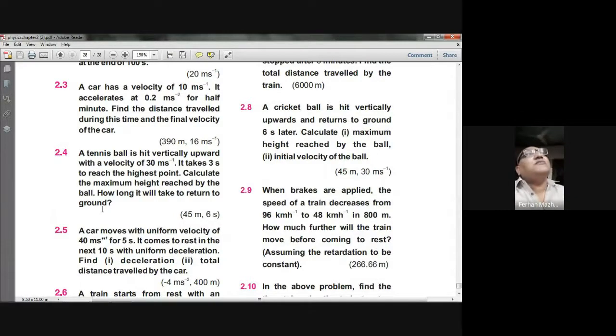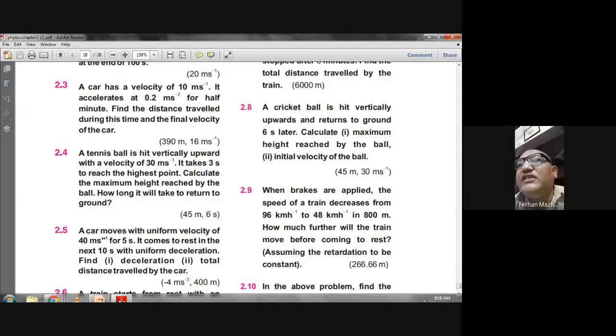When you throw something vertically upward, the time the ball takes to go up is the same time it takes to come back to the ground. So if it took 3 seconds to go up, it will take 3 seconds to come back. So the total time taken will be 3 plus 3, that will be 6 seconds. I have shown that there.